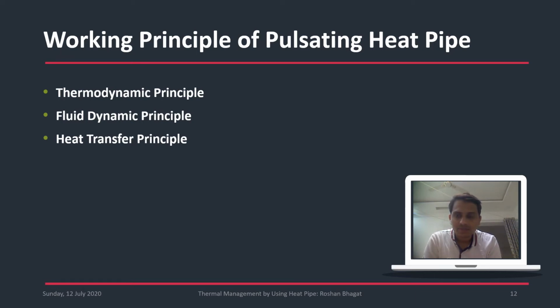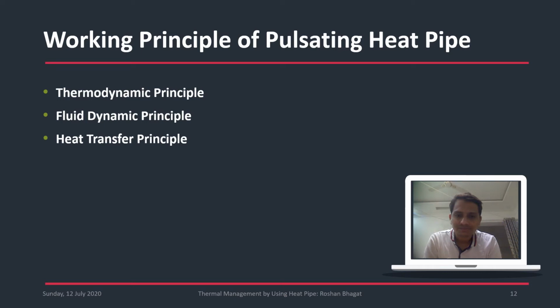As we have a 30 to 70% filling ratio, alternate liquid and vapor slugs start forming. These alternate liquid and vapor slugs move through the capillary tube, whose diameter is comparatively small.